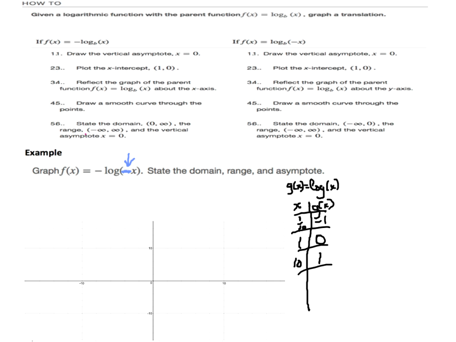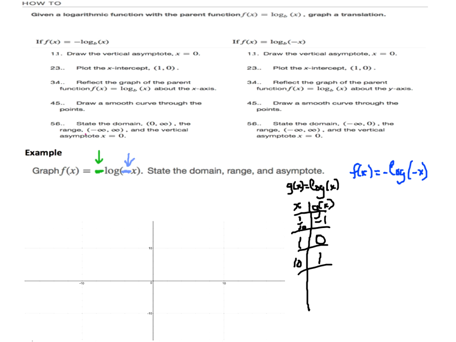Okay, so I have reflection on my input variable, and I have reflection on my output variable. So basically, I'm just going to multiply both my x's and my y's by negative 1. So f of x equals negative log of negative x.